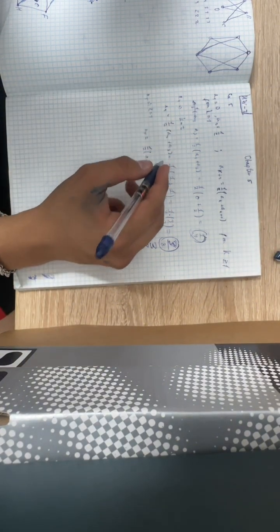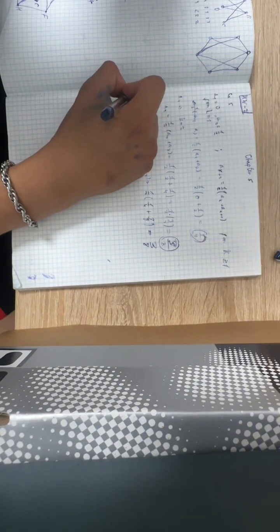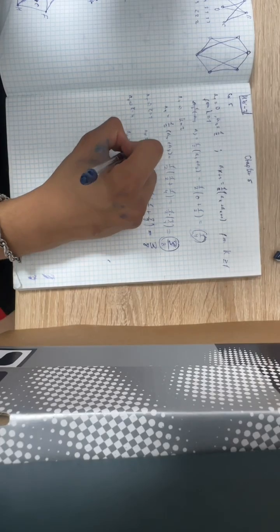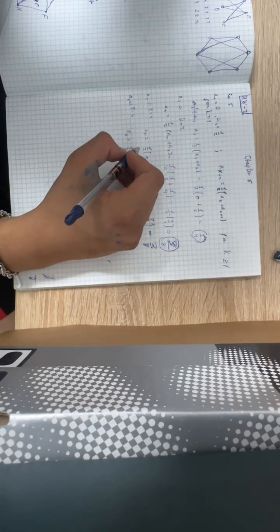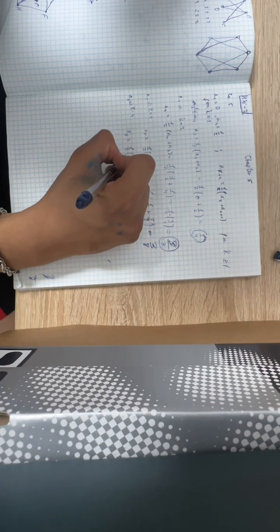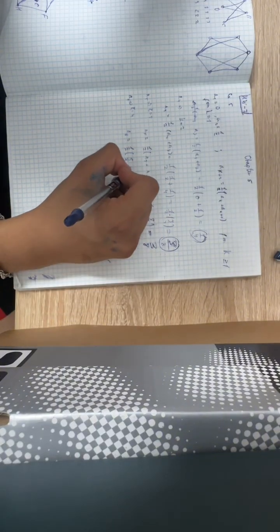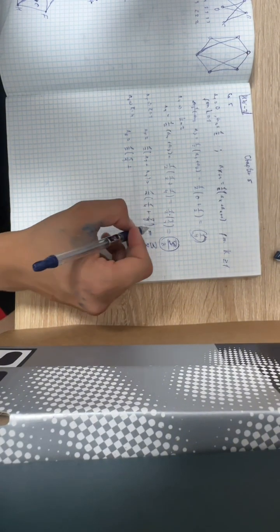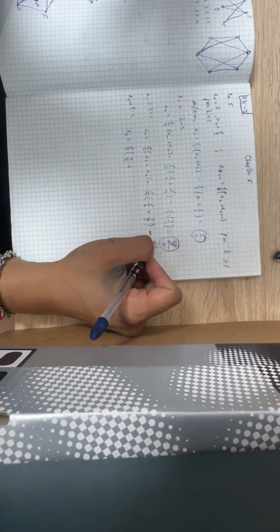So now we need to find A6. For this, K will equal 4. A6 equals 1 over 2 with 3 over 8 plus, wait, no, I have a mistake here.